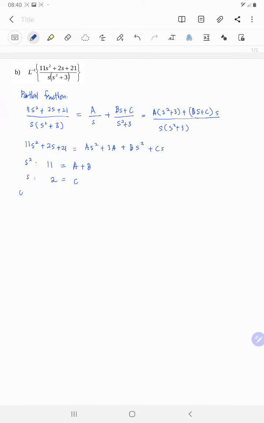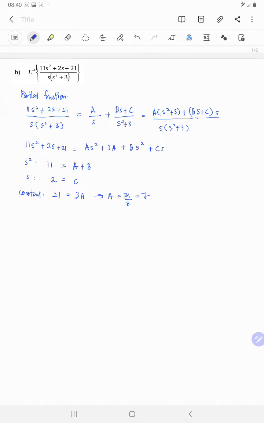Next, we have the constant. Left hand side is 21, right hand side constant 3A. So from here we get A is 21 divided by 3, which is 7.